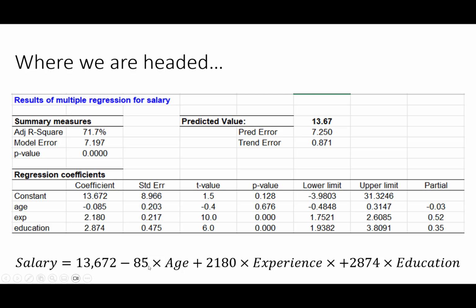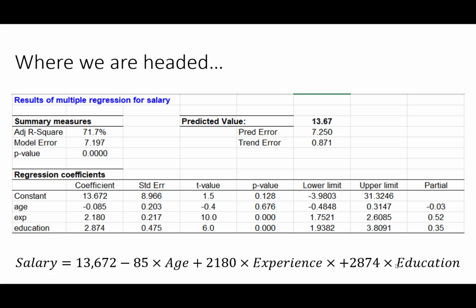Oh dear. But experience goes up by $2,180 per year of experience. And it goes up by $2,874 for each additional year of education. Interesting. So this is where we would be able to predict how much a particular candidate should make. So this is where we are headed in this particular chapter.